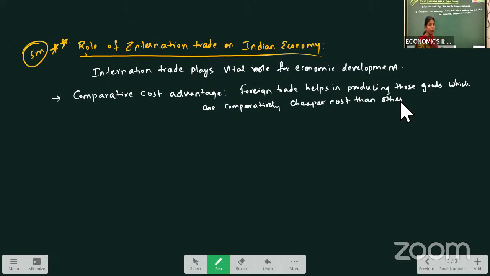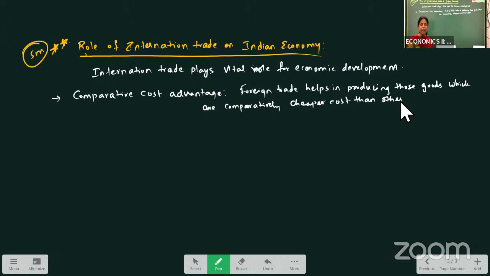So foreign trade helps us understand whether, if we make the product, our cost of production is less, or if we import the product, the cost is less.